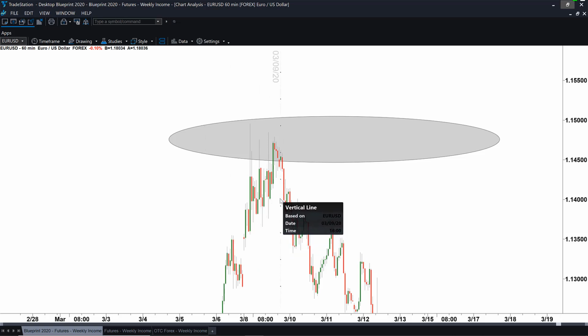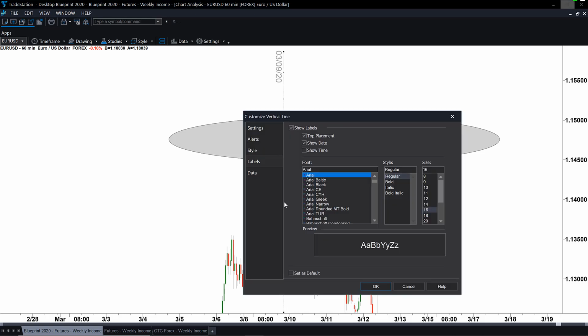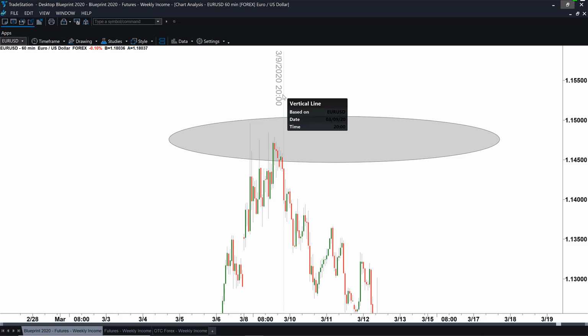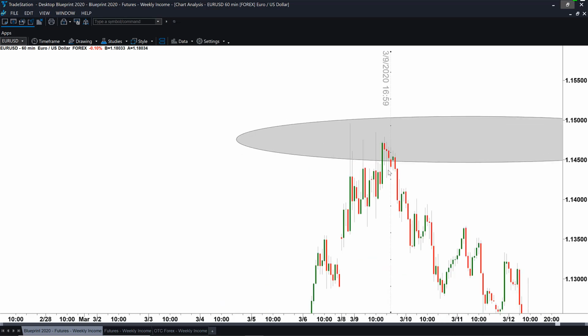I'm going to look at the 9th, and I'm going to try to find 5 p.m. And for this, I'm just checking this box here, show time. So now I'm at 20:00, and I want to get to 5 p.m. right here. So this candle represents 5 p.m.